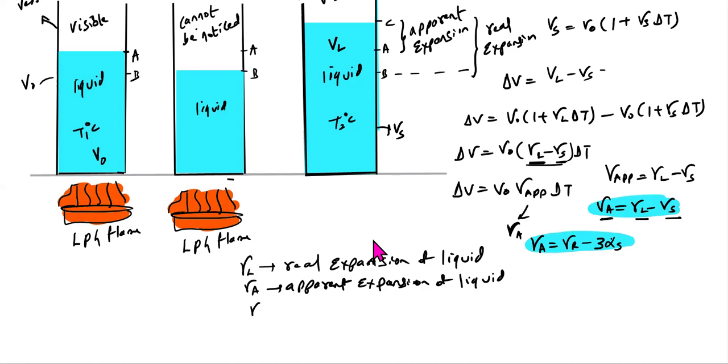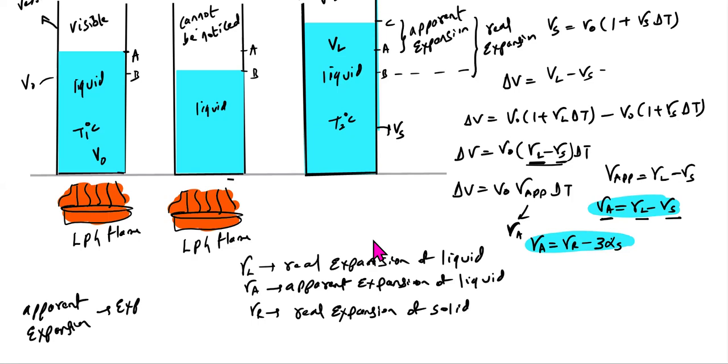Next, we are having the gamma R, real expansion of solid. What do you mean by apparent expansion? What is the meaning of this? Apparent expansion means expansion of liquid with respect to solid. Expansion of liquid with respect to solid. So this particular thing is called the apparent expansion.